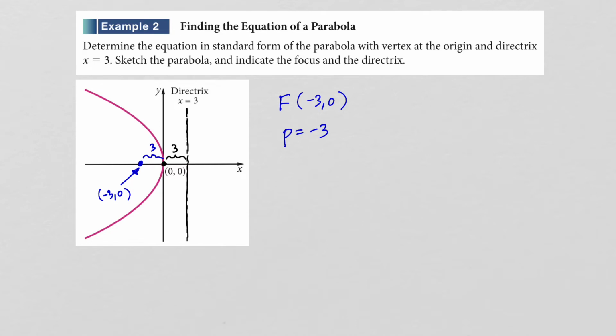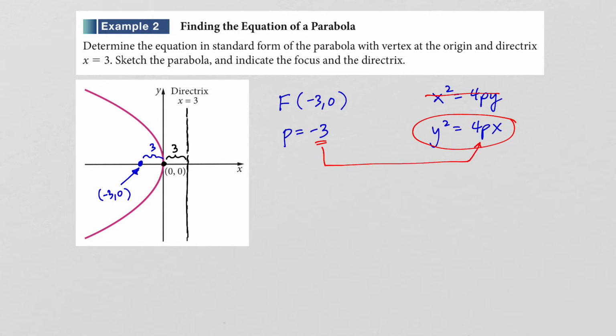Okay? And finally, what is the equation of the parabola? Well, in the previous problem, we had x squared equals 4py, but that's for a parabola that opens either up or down. For this parabola, it's going to be y squared is equal to 4px. So this is the correct equation. So what is the equation going to be? Well, we know that p is -3, so all we have to do is plug that in.